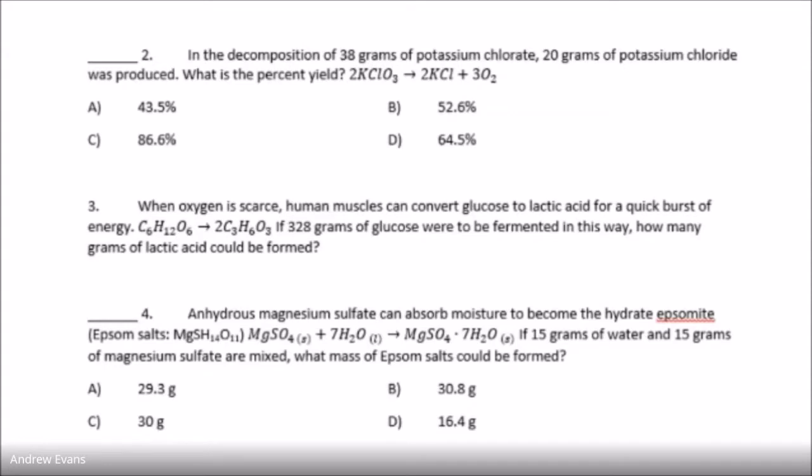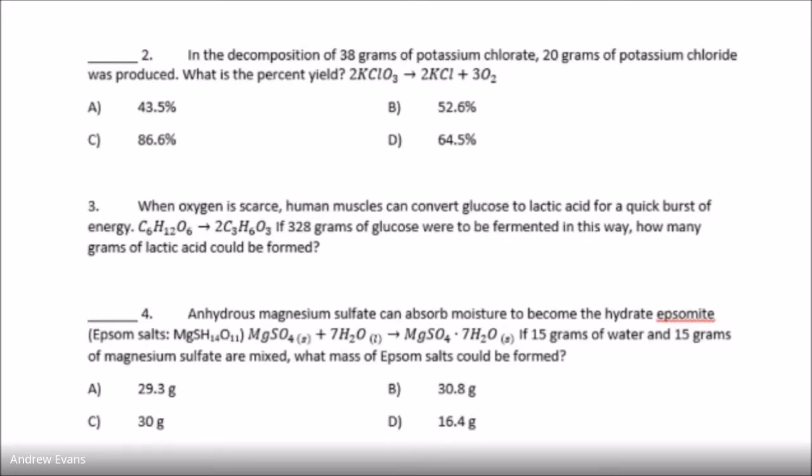So grams to moles to moles to grams. This one, number 2, is very similar, but it takes it one step further in that we're asked to find a percent yield. So we're going to have to turn grams of potassium chlorate into grams of potassium chloride and then determine the percent yield.